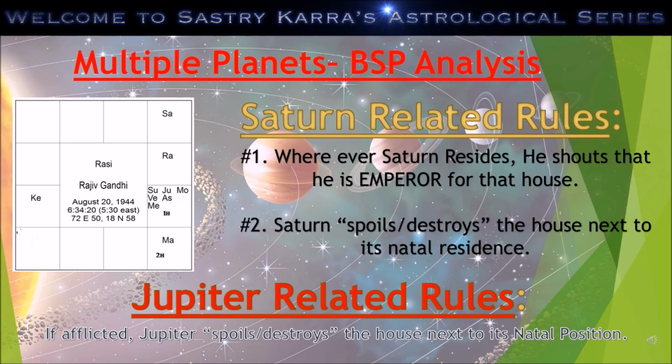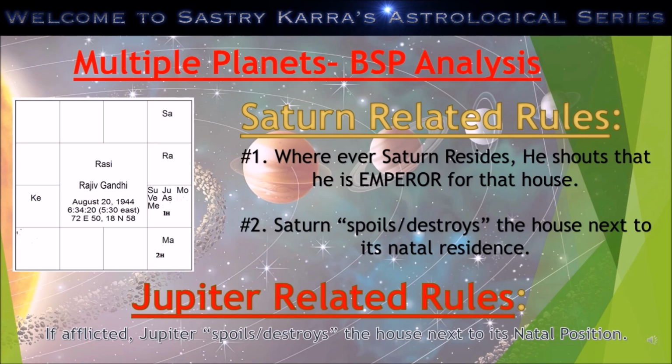The reason we say Jupiter is afflicted is that Saturn is in the 11th house, and its third aspect from the 11th house falls on the first house, where natal Jupiter is residing.